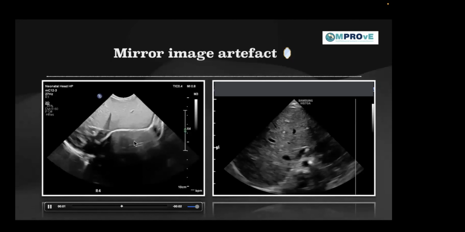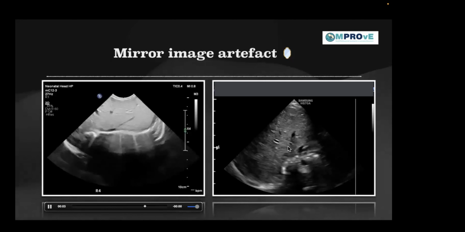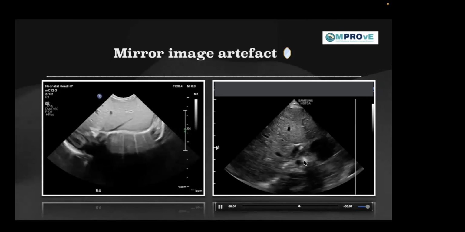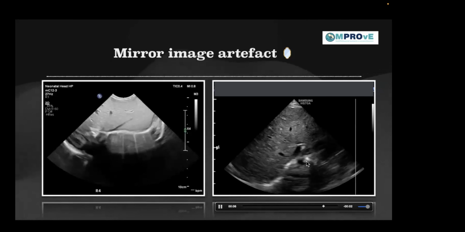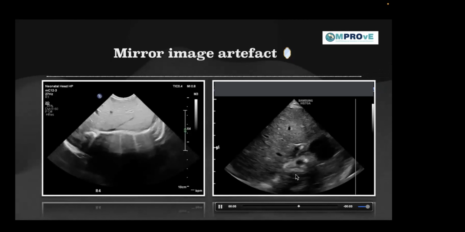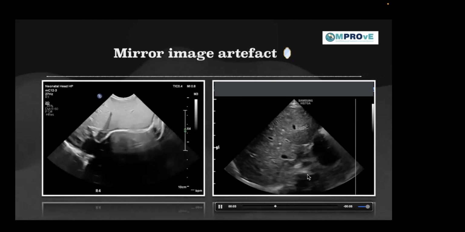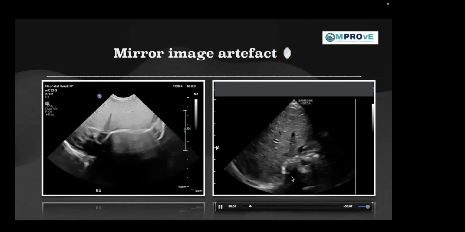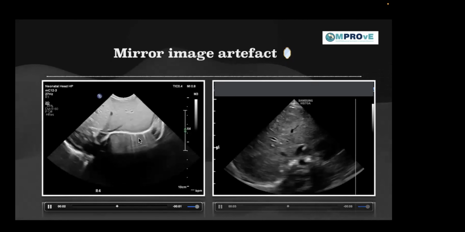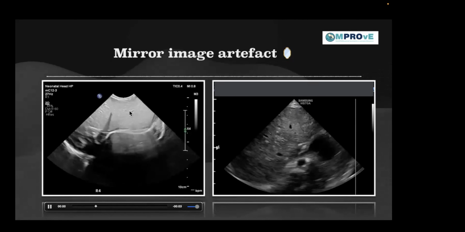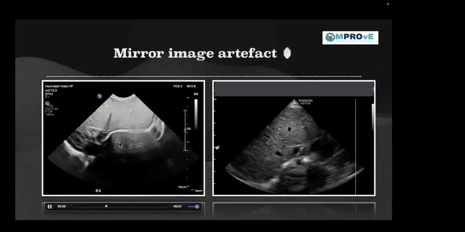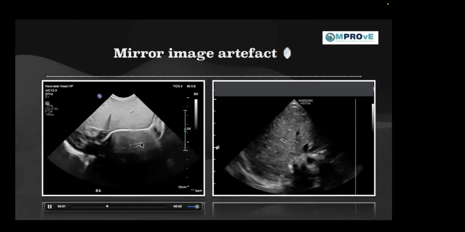So you can safely assume that ideally it should be looking like this. You see your liver, and beyond the liver, you can see the vessels, you can see the vertebrae, but you don't see the mirror image of the air, because here there is no air. The ultrasound waves can pass through the organs. Here, on the other hand, because of the air, it cannot pass through, and it goes back and forth, and it gives you a mirror image. So basically, it's a sign when there is a pneumothorax.